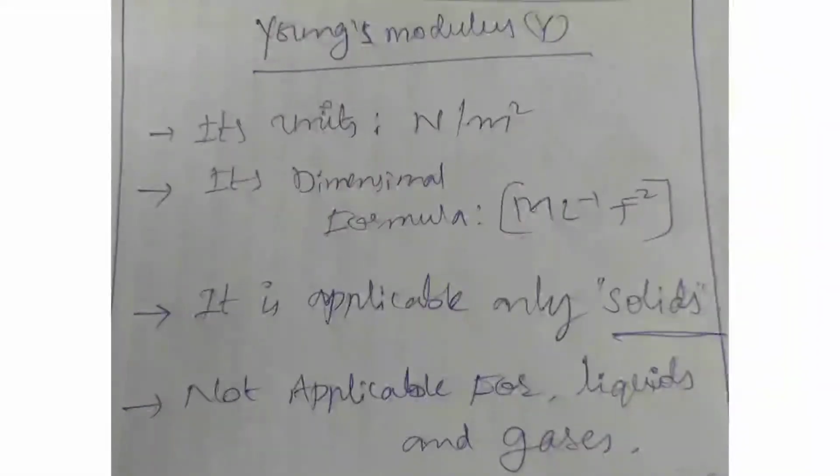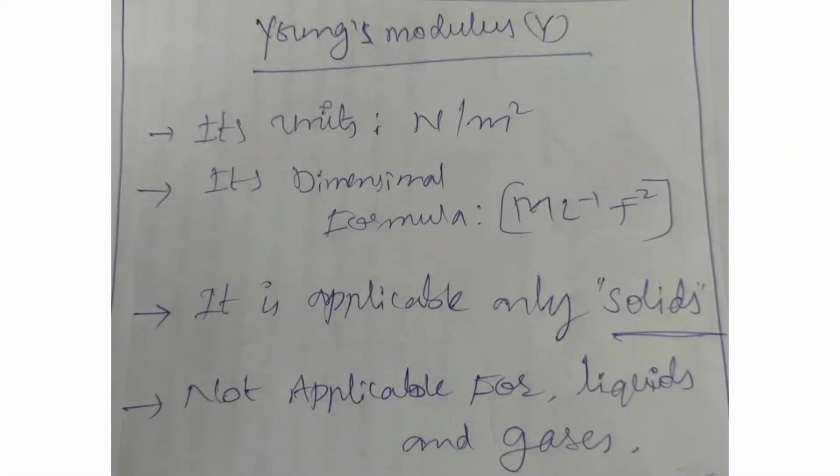Its dimension formula is also the same as that of modulus of elasticity, that is M L power minus 1 T power minus 2. Because all moduli of elasticity are defined as stress by strain, but different stresses and different strains will come.